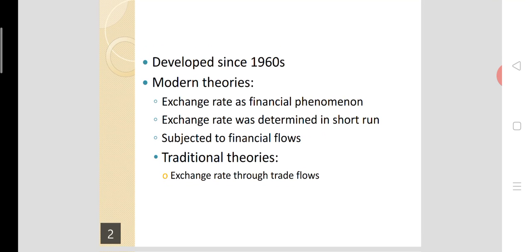Exchange rate determination theories have been developed mainly since the 1960s. There are modern as well as traditional theories of exchange rate determination. While modern theories focus on the importance of financial flows on exchange rate determination, traditional theories focused on trade flows and their impact on the exchange rate.